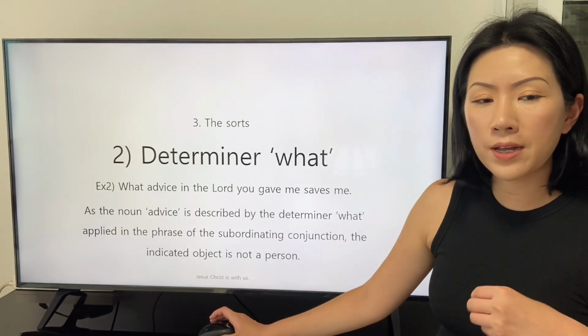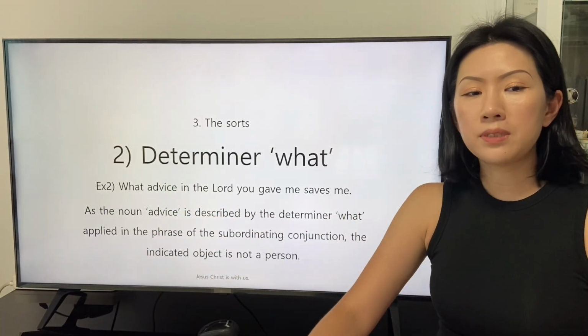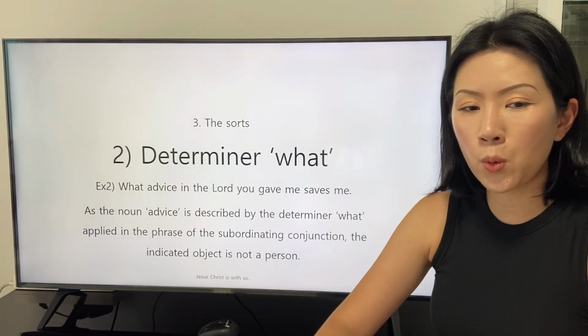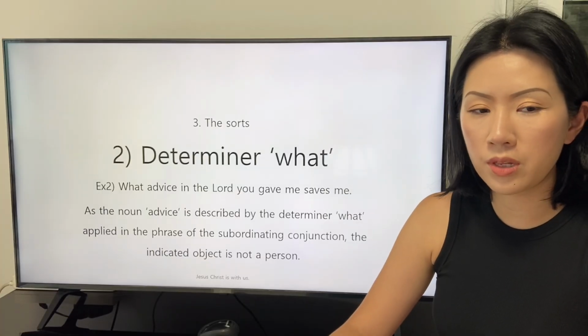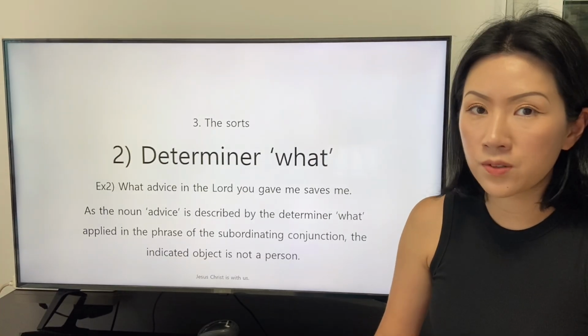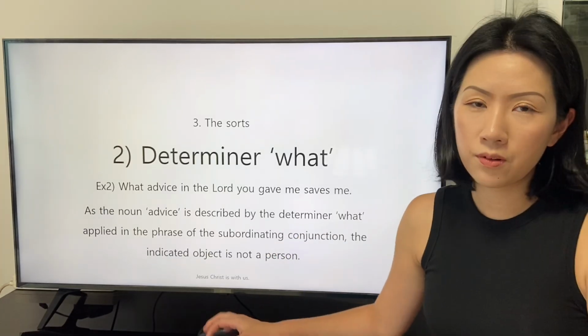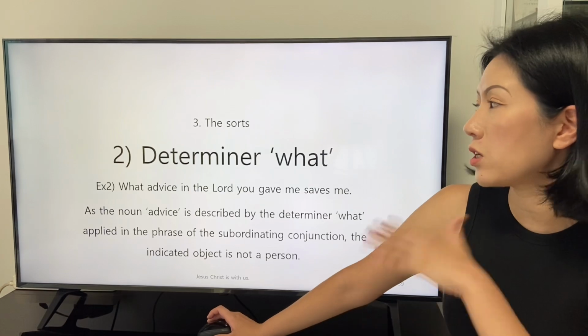As the noun advice is described by the determiner what applied in the phrase of the subordinating conjunction, the indicated object is not a person. That's obvious from the definition of the word advice and from the premise to apply the determiner what.